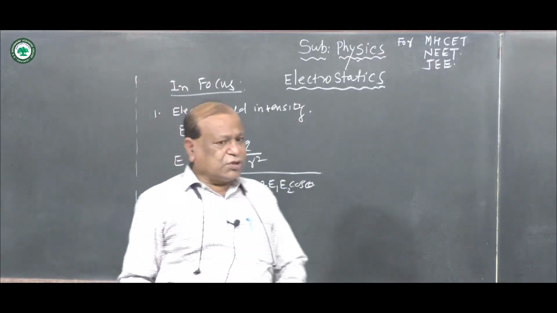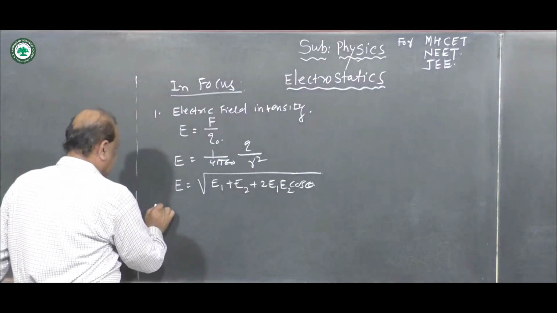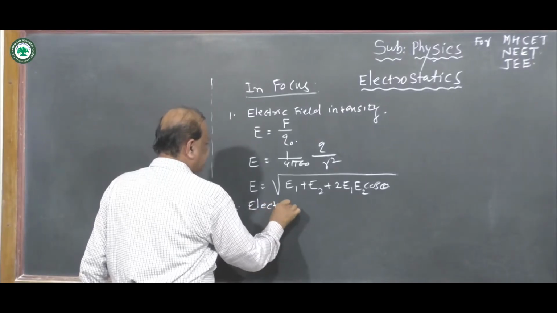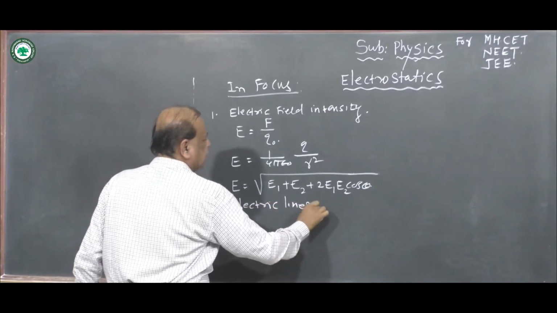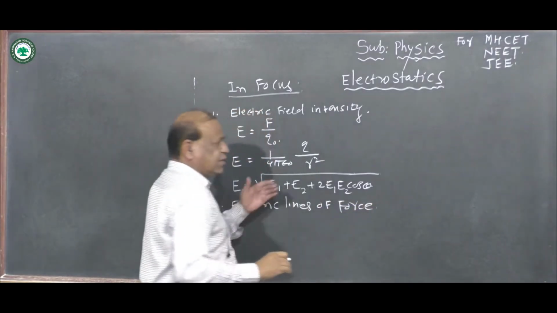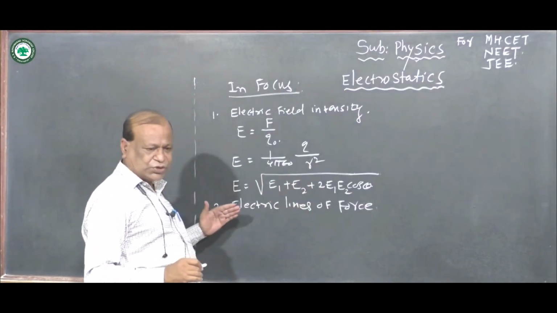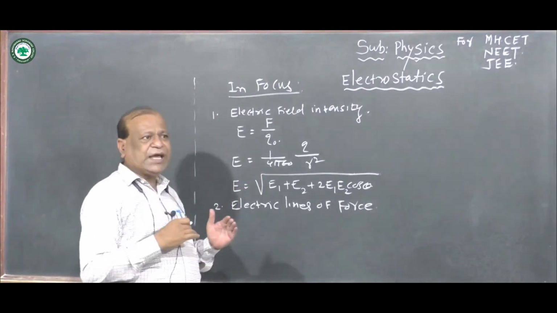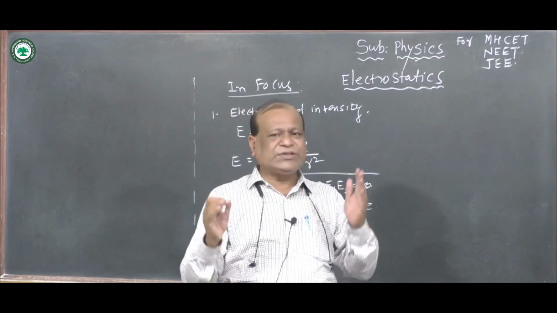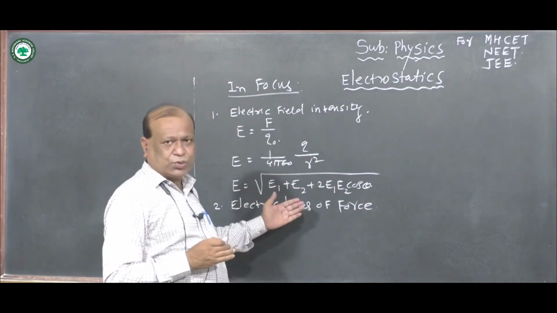Now we also learned in the previous class another point, electric lines of force. The path traced by a positive charge is called electric lines of force. Properties: lines of force always start from positive charge and end at negative charge.